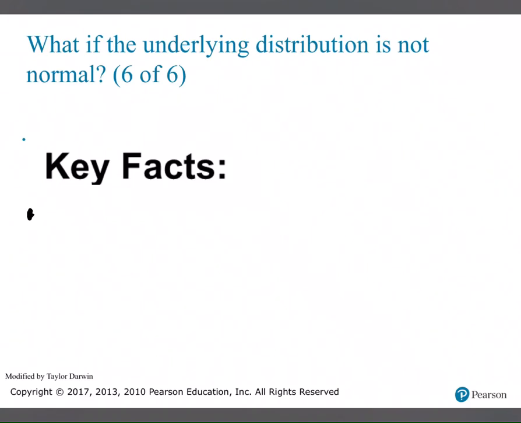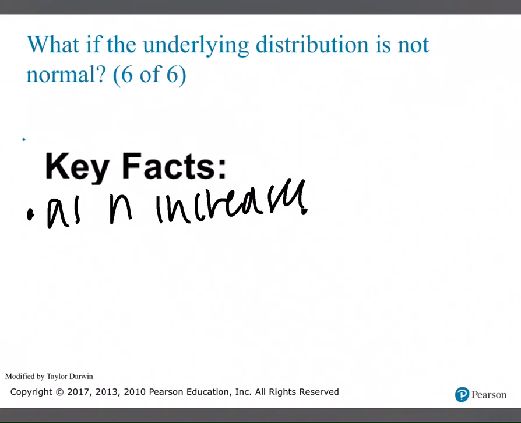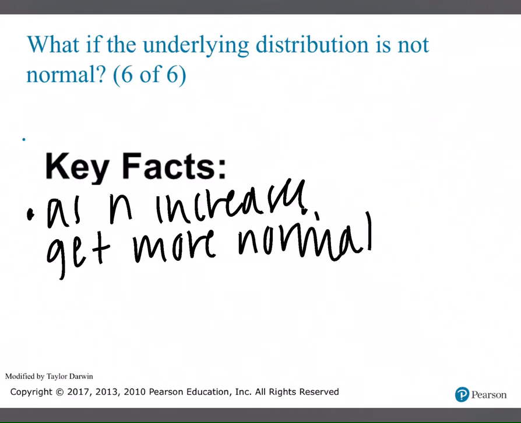So anyways, some key facts are as your sample size n increases, we will get more normally approximated, so we'll get more bell-shaped. And then the mean of the sampling distribution is equal to the mean of the population.